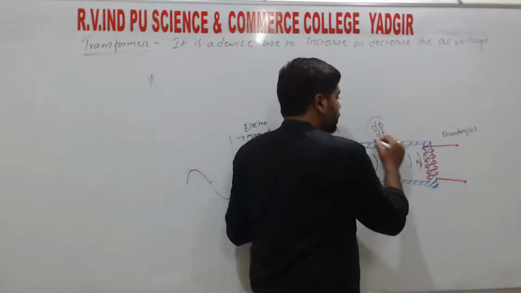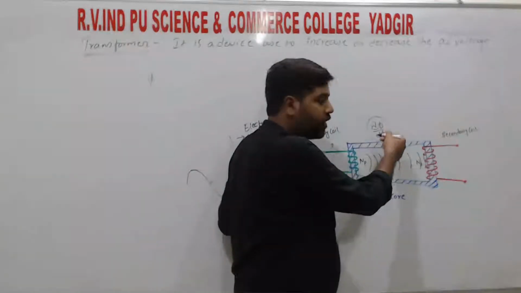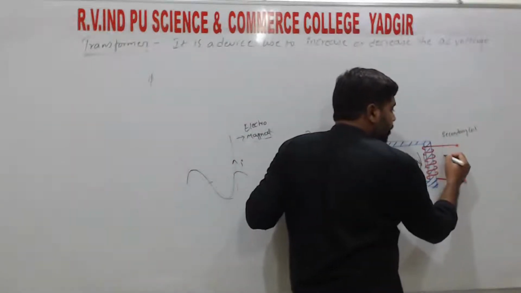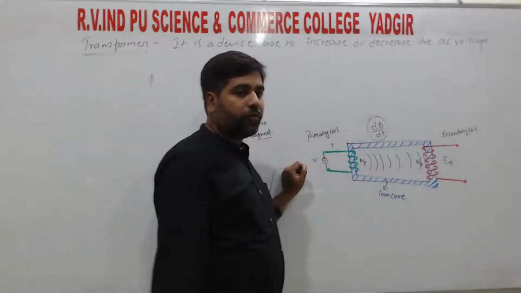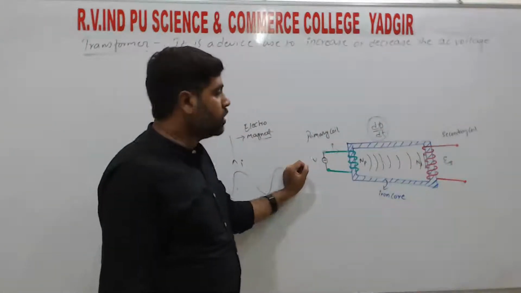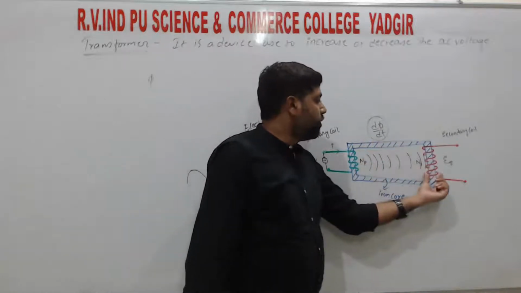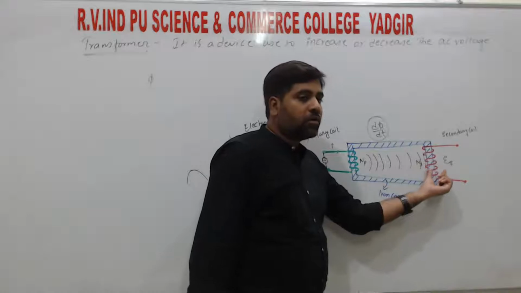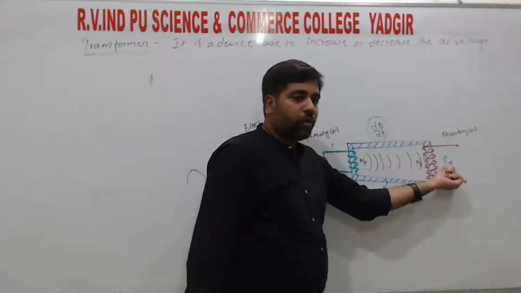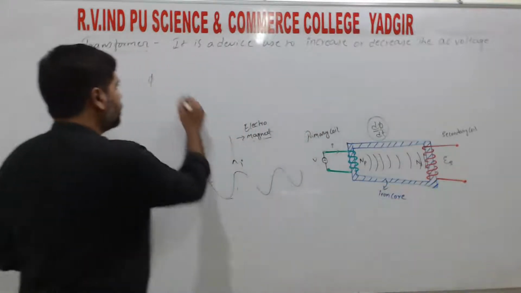The rate of change of flux induces an EMF in the secondary coil, right? That we call ES. So the change of flux linked with the secondary coil induces the EMF, which we call ES.